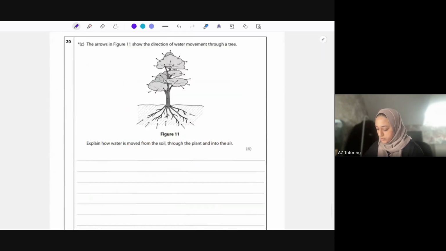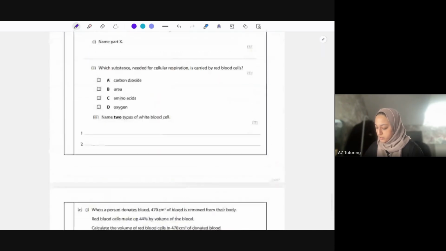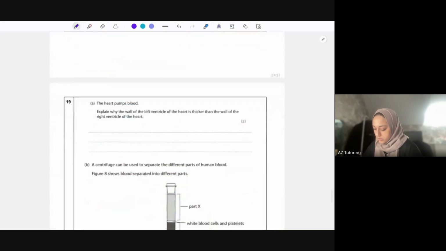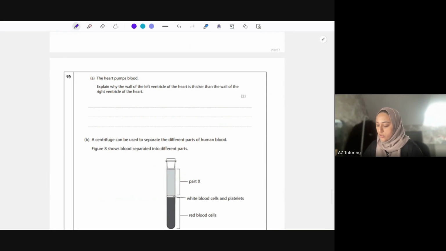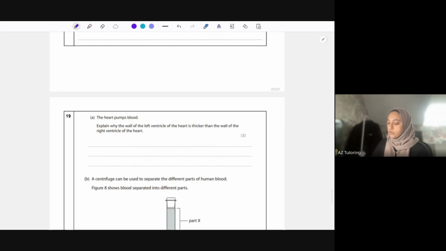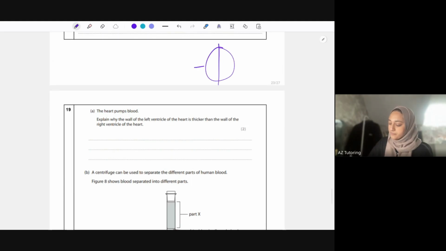Okay, last few questions. I'm going to whiz through these ones. Okay, the heart pumps blood. Explain why the wall of the left ventricle of the heart is thicker than the wall of the right ventricle. Remember, with the heart, it's always the opposite way around. So if I was to draw a heart, this is not the right side, this is the left side. Let me just write left. And this is the right, so it's the opposite because you're looking at it as though it's a person in front of you.